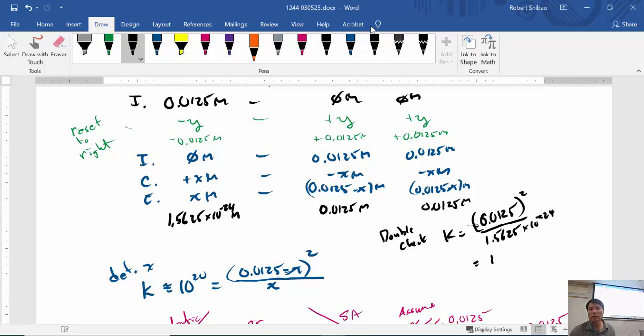All right, one, and your calculator carries 10 digits, so I'm going to just add them in here. 1.0000, that's 3, 6, 9, 10, times 10 to the 20th.